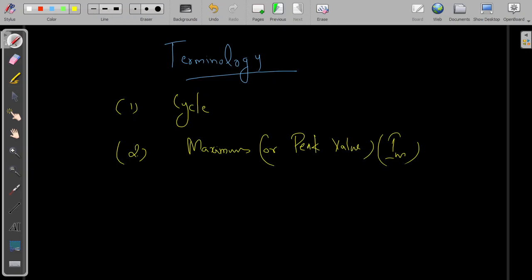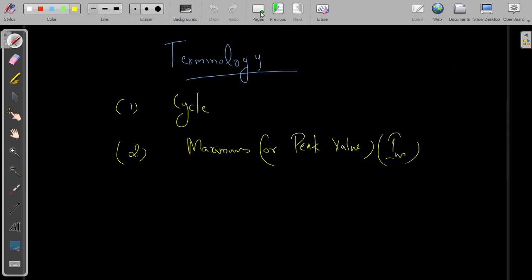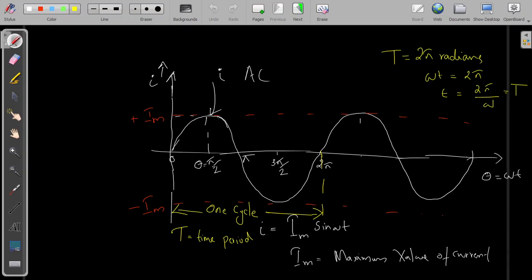It is also sometimes known as the amplitude of the sinusoid. That means this plus Im or minus Im is known as the peak value or maximum value of the waveform. In this case it occurs at theta equal to pi by 2 and theta equal to 3 pi by 2.